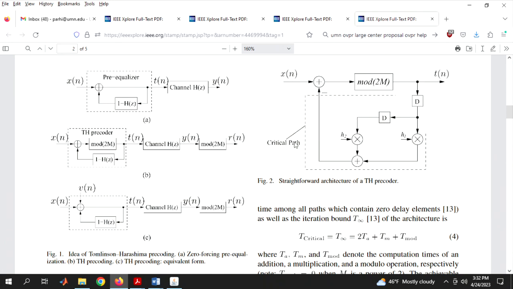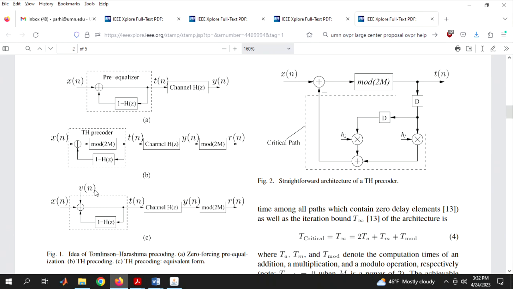So how do we achieve parallelism in this precoder? To achieve parallelism in this precoder, the very first step, again it was a non-trivial problem. Non-trivial because we have a non-linear device as part of that feedback loop, and the first step to understanding how to parallelize or pipeline that is to get rid of that modulo device and replace that by adding a compensation signal V of n.